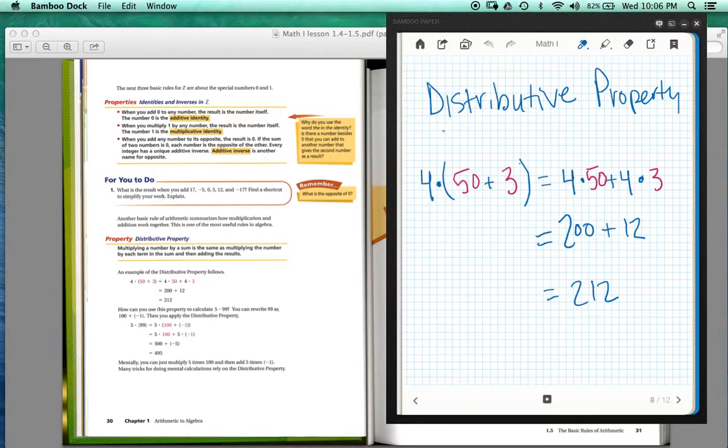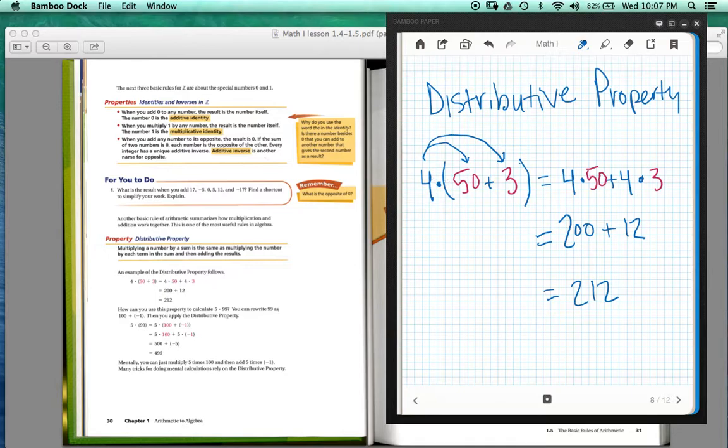And lastly, we have the distributive property. I feel like this one's the most useful, but basically it tells us that we can take a situation like 4 times parentheses 50 plus 3, and that is equal to 4 times 50 plus 4 times 3. The way I like to think about it is you're taking this and distributing it to each of these terms.